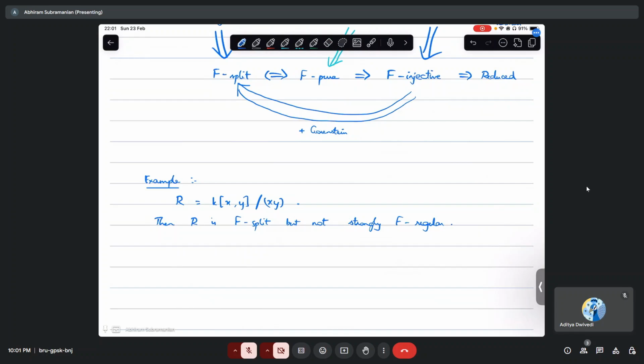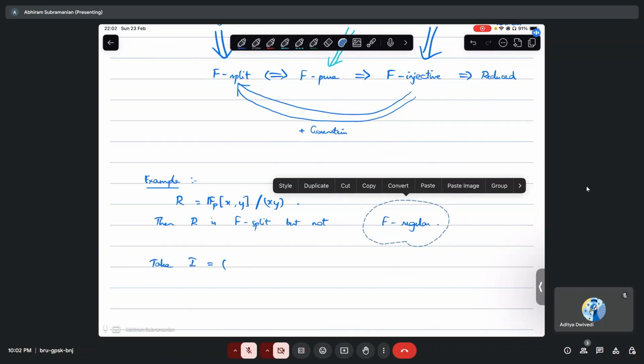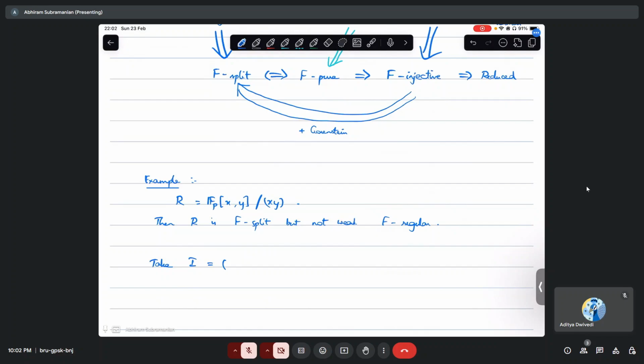So K is F-pure. Take I to be the ideal X, because principal ideals are tightly closed.